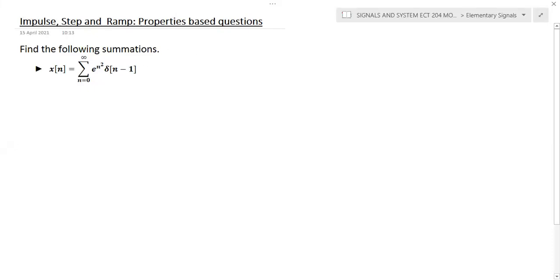So here the summation is from 0 to infinity, not from minus infinity, because n is equal to 0 to infinity. And the impulse signal is given, del of n minus 1. So you can write it is equal to 1 for n minus 1 equal to 0, or n is equal to 1, and 0 for n minus 1 not equal to 0, or n not equal to 1.